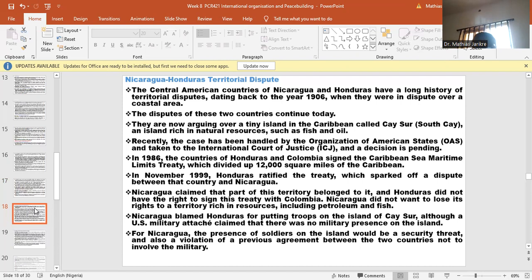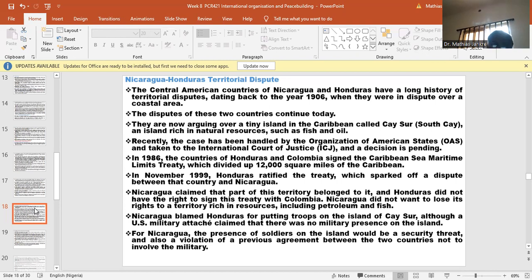In 1986, the countries of Honduras and Colombia signed the Caribbean Sea Maritime Limits Treaty, which divided up 12,000 square meters of the Caribbean. In November 1999, Honduras ratified the treaty, which sparked off a dispute between that country and Nicaragua.